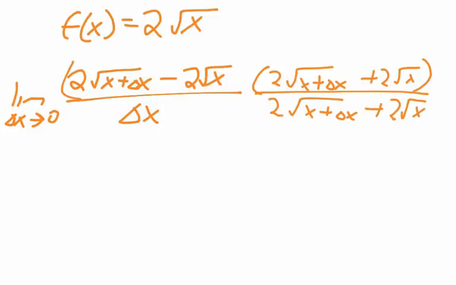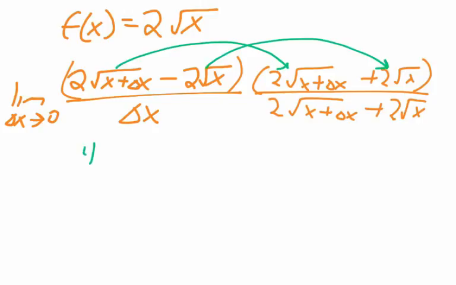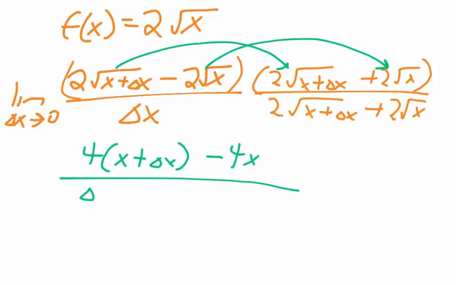So when I multiply the top, because I know the middle two terms will cancel out when I rationalize, I get 4 times (x plus delta x) minus 4x, over delta x times (2 square root of (x plus delta x) plus 2 square root of x).